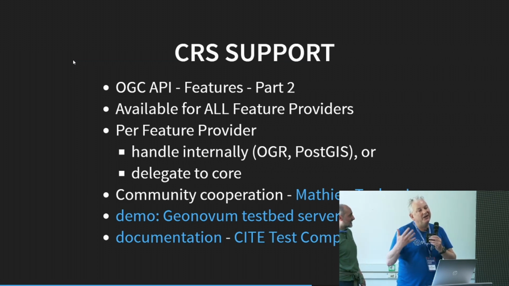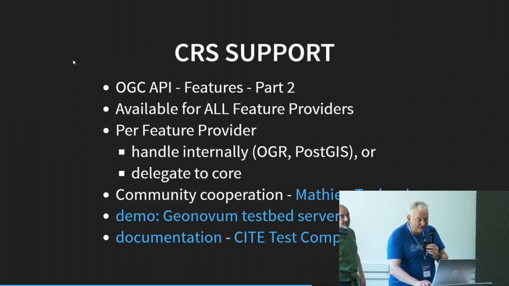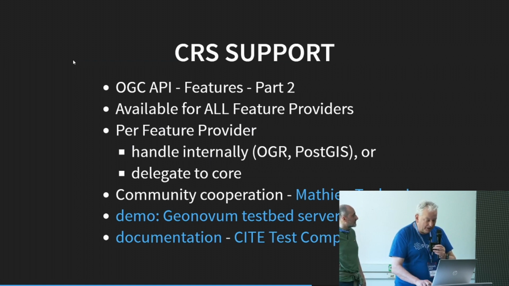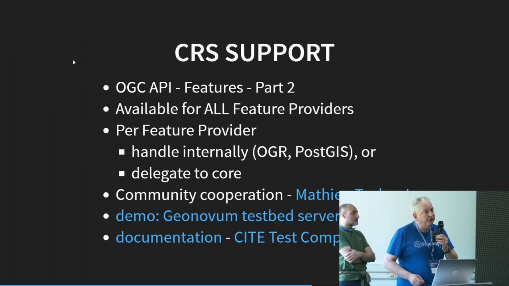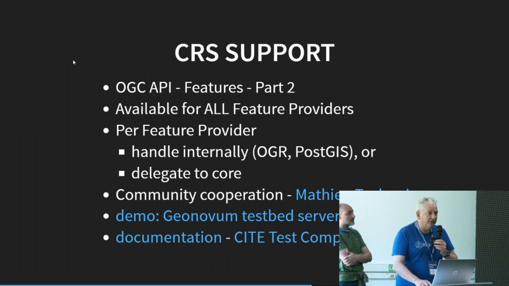So it's more about managing various contributors. One major contributor is Mathieu Tagon from the Norwegian Mapping Agency. And I should say, this was based on a tender given out by GeoNovum to implement OGC API features part 2 in various servers, not just pygeoapi, but also GeoServer.